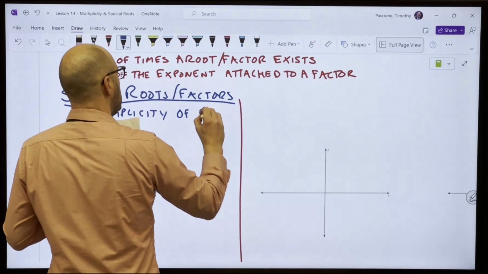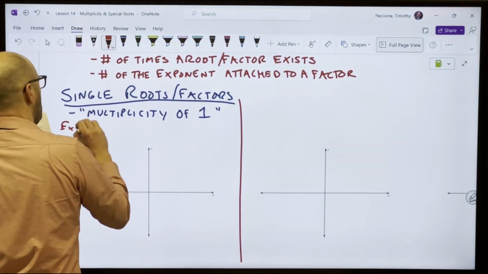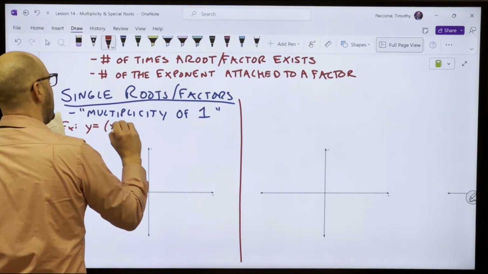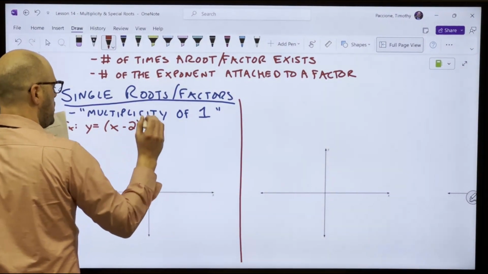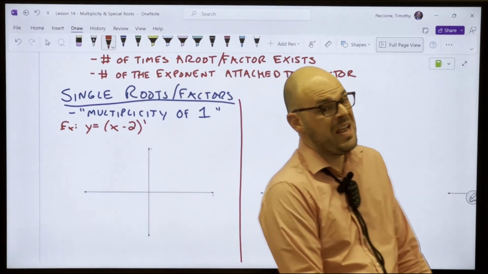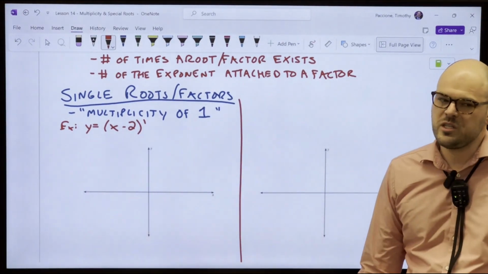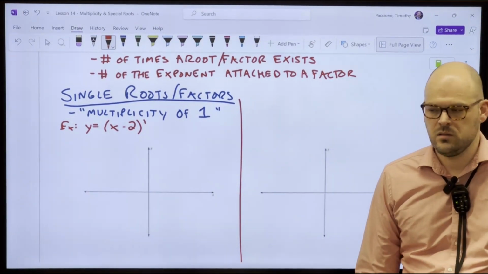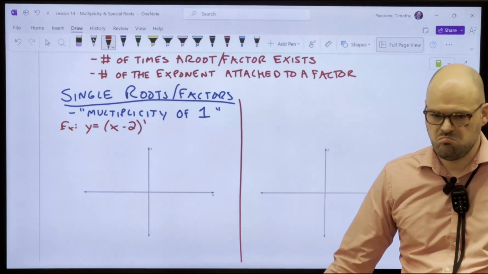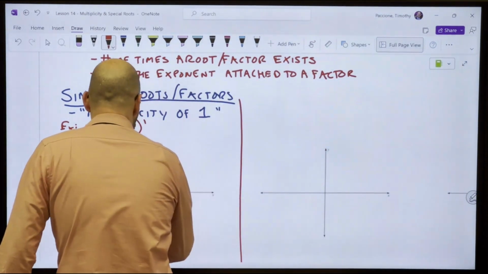This would be a multiplicity of 1, and our example will be y equals x minus 2 to the 1. So there's a factor. It shows up once. It's to the 1. Now, do we usually write to the 1? No. I would just write x minus 2. And in fact, I probably wouldn't even have parentheses. I would just have y equals x minus 2, which is what type of function? Y equals x minus 2. Just no squared, no cubed. It's a line, right? And it would look like this, right?